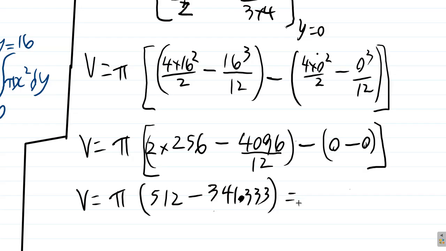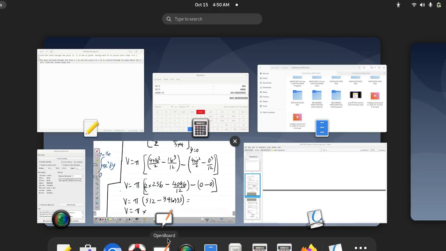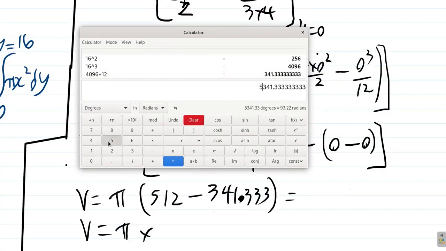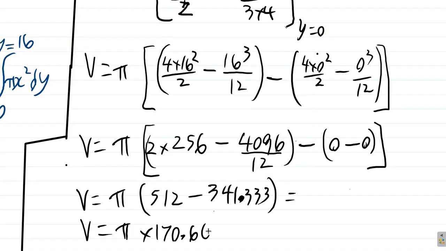341.3, something there. So when we subtract them, volume is equal to pi times 512 minus that equals 170.667.